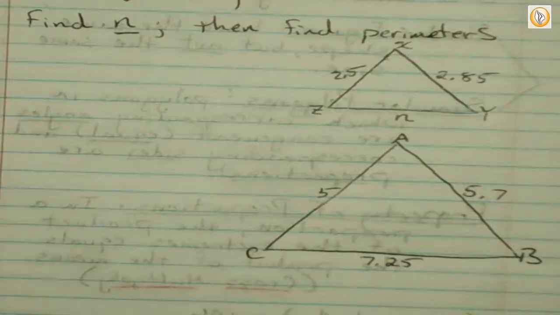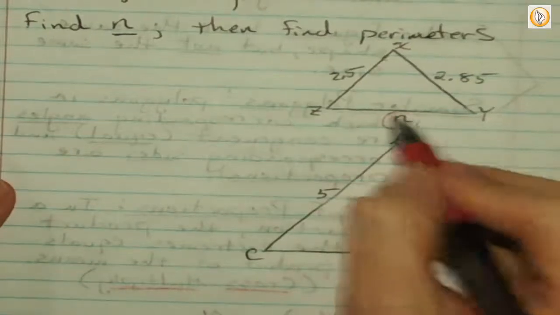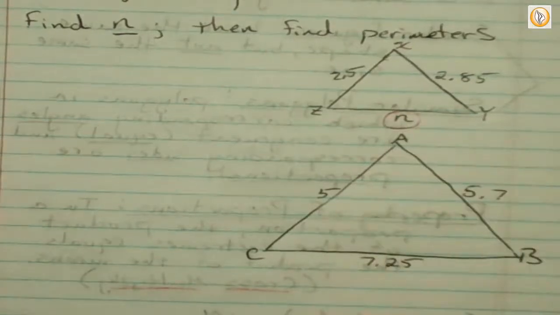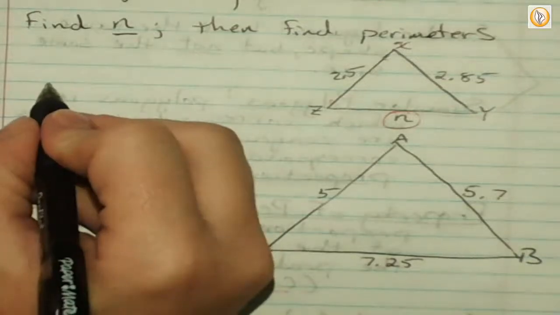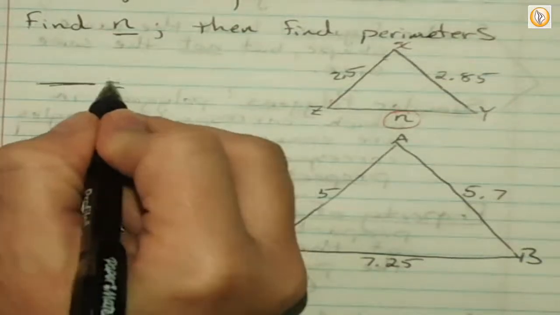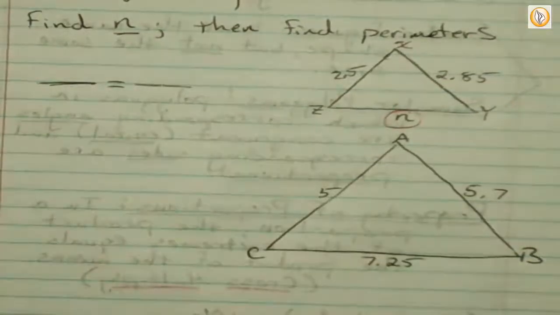Okay, so there's multiple ways of doing this. We have to solve for N. So let's see. Matthew, you want to try this? After you copy all this down, you tell me what to do. We're going to set up a proportion.